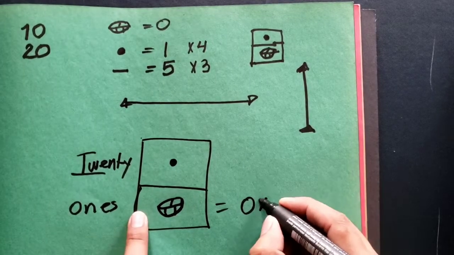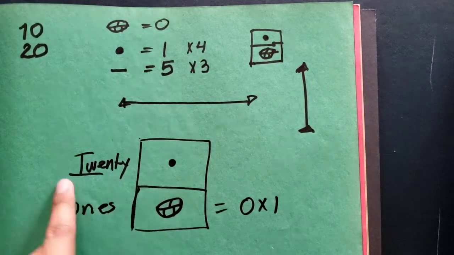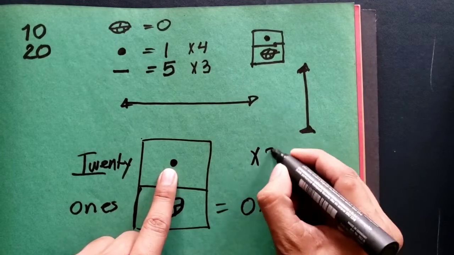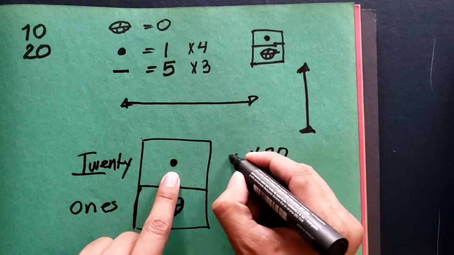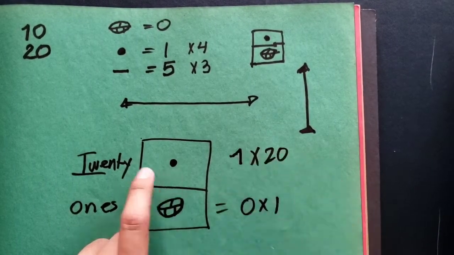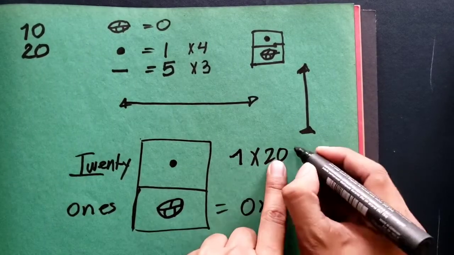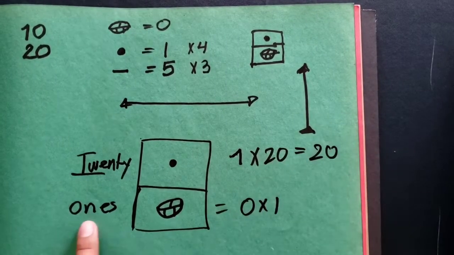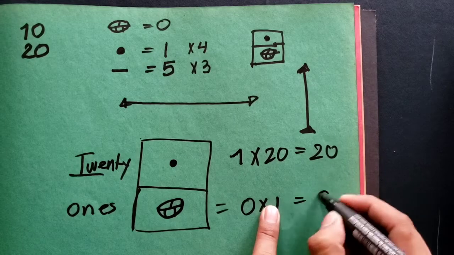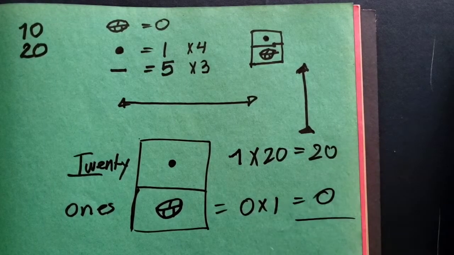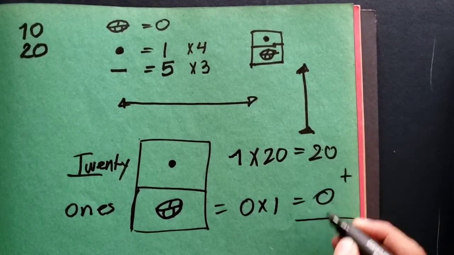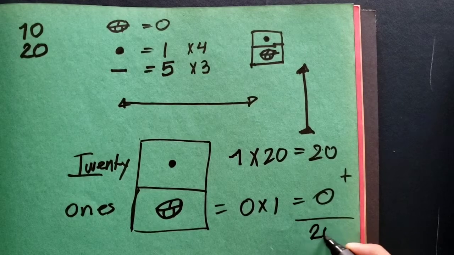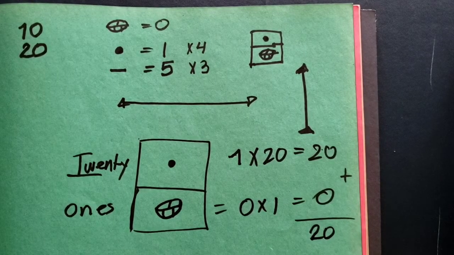The ones are equal to 1. The 20s are equal to 20. So how much do I have here? 1 times 20, 20. 0 times 1, 0. And at the end, I have 20 plus 0, 20. And that's why I write 20 that way.